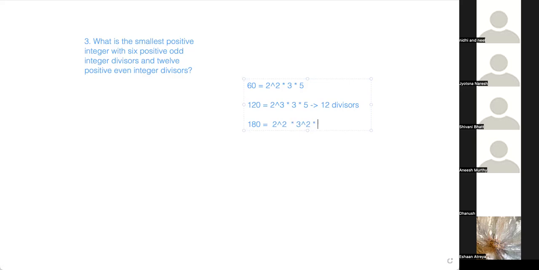So then I just listed all the divisors and then counted to see if there was 6 odd and 12 even. I got 1, 2, 3, 4, 5, 6, 9, 10, 12, 15, 18, 20, 30, 36, 45, 60, 90, and 180. And six of those are odd and 12 of those are even. So yeah, that's the answer.